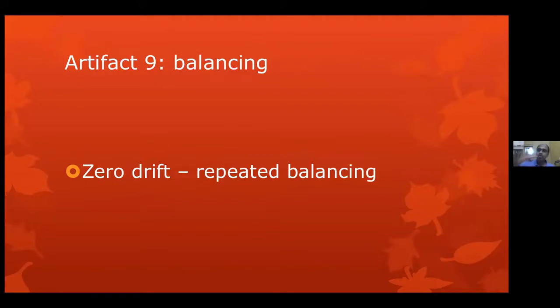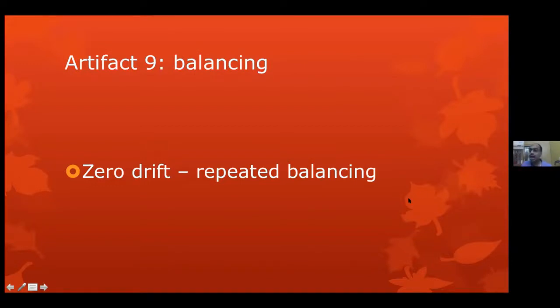I have put my original calibration, original balancing, in such a way that there is zero electrical output, and zero electrical output is equal to zero pressure. Now the zero will drift up or down over a period of time. You have to repeat the balancing and make it come back to zero. So zero drift is a balancing error.